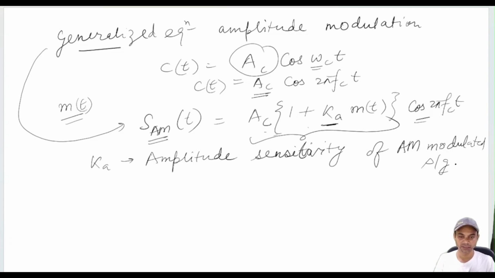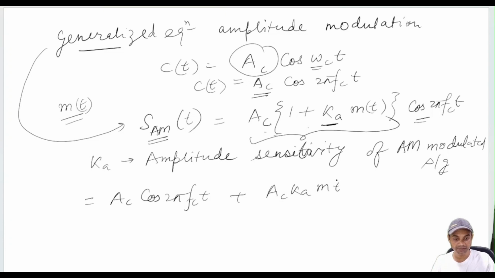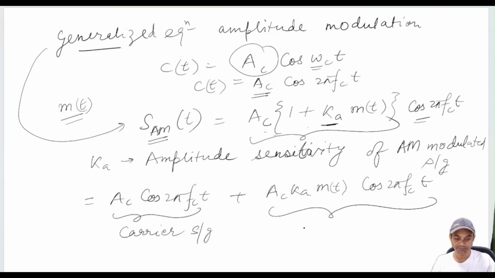Here we can see Ac cos 2 pi fc t plus Ac Ka m(t) cos 2 pi fc t. This first term is our carrier signal, and this is our modulated signal.